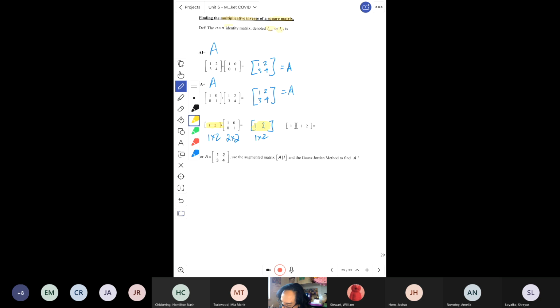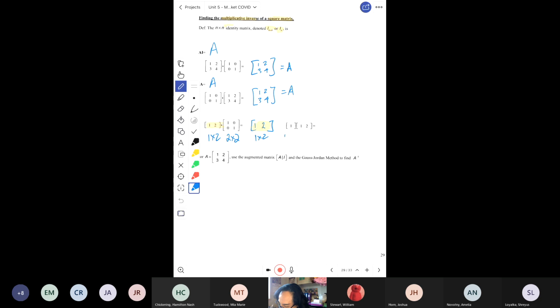Okay, let's look at the next one. Now, technically, when we're multiplying by 1, we're multiplying by a 1 by 1 matrix, the number 1. What is the order of the first matrix? It is a 1 by 1. What is the order of the second matrix? 1 by 2.